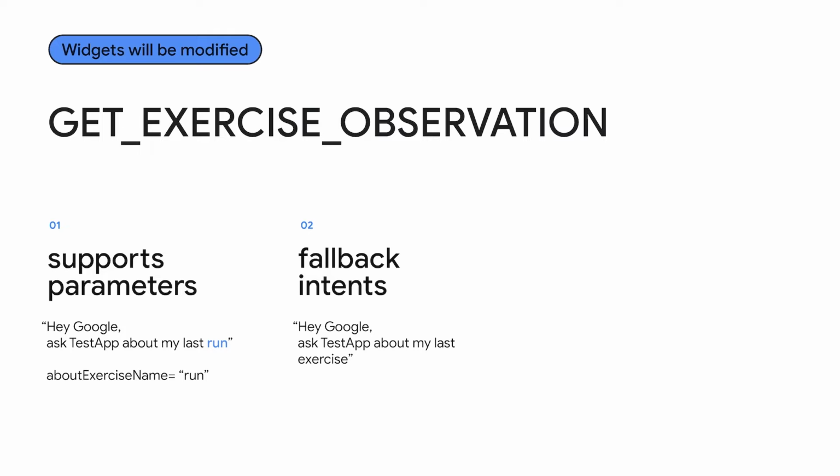The fallback intent is the situation where a user doesn't specify a type of exercise, so the parameter value is null. In both cases, if a widget is triggered with a BII, you could provide a text-to-speech string for Assistant to announce when displaying your widget.